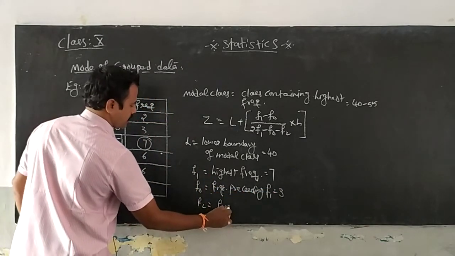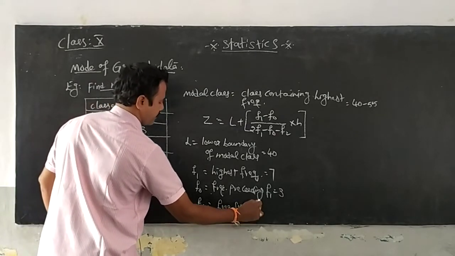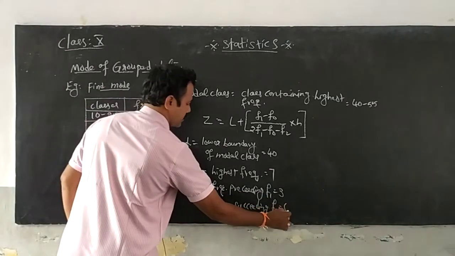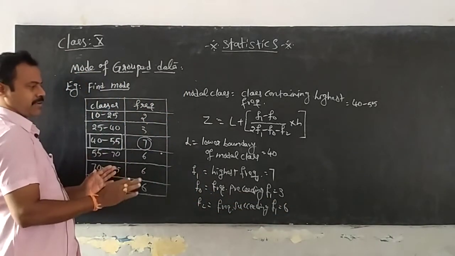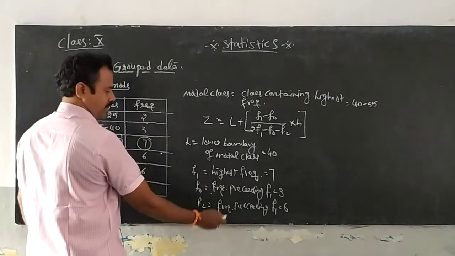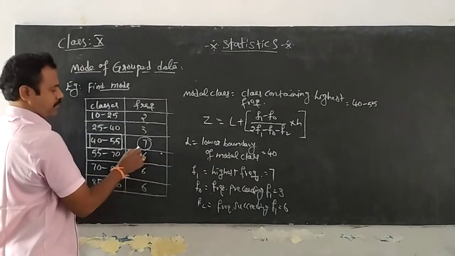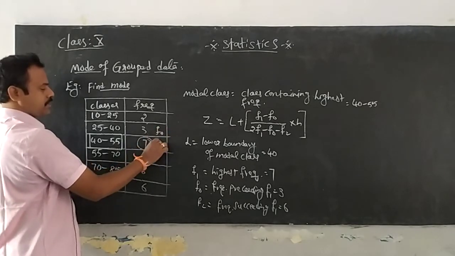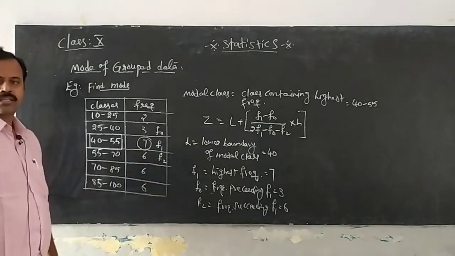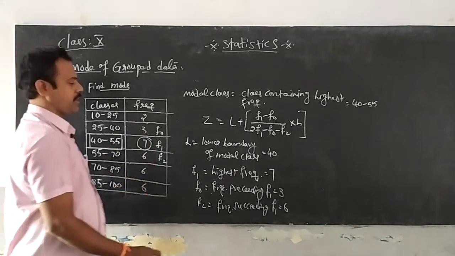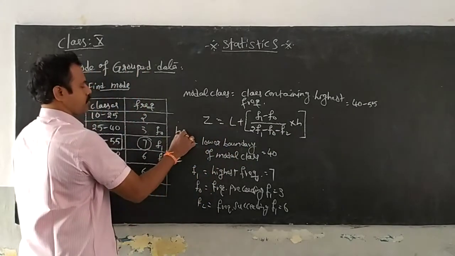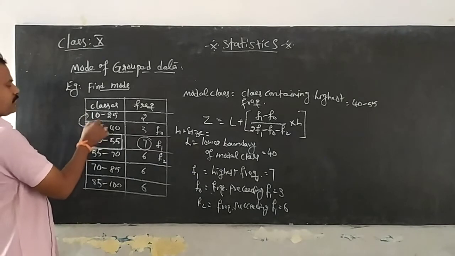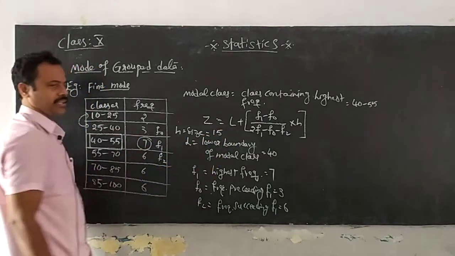F2 is the frequency succeeding F1, which is 6. In the examinations, it is not necessary to write these explanations. Just keep in mind that the highest frequency is F1, before F1 is F0, and after F1 is F2. Is it clear? Now you substitute these values. What is H? H is the size of the class, the difference 25 minus 10, that is 15.